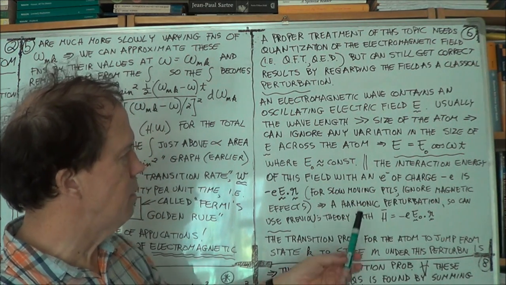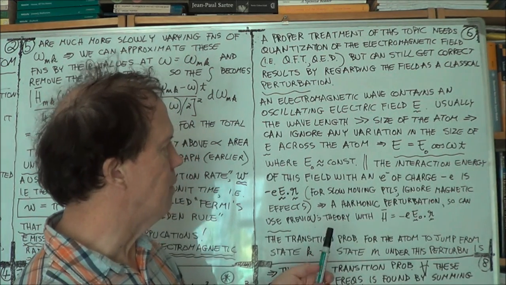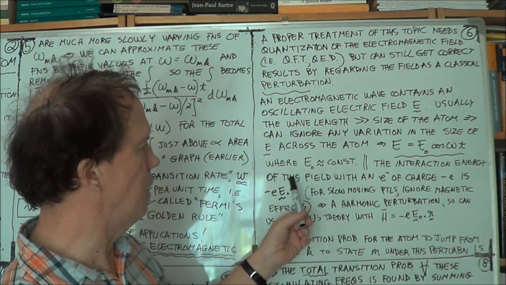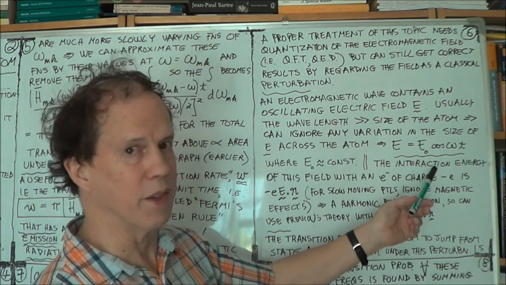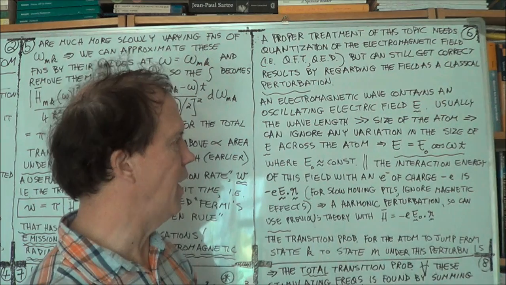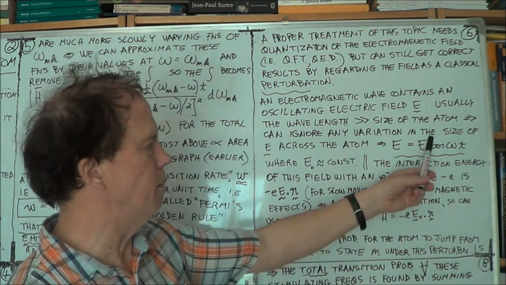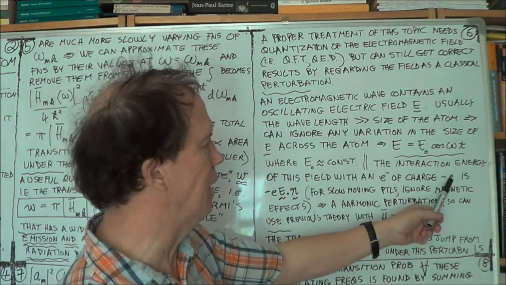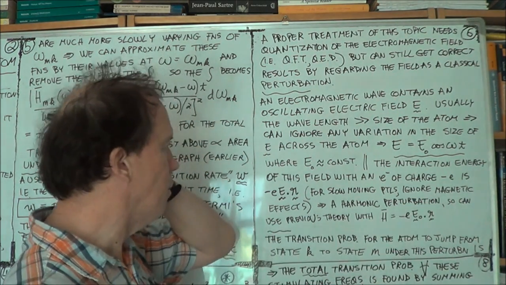So the perturbation, your H dashed, will be a function of this field E. Now let's keep things simple. Let's say we've got one atom, one electron in your atom, and so we're talking about the perturbation on that electron.